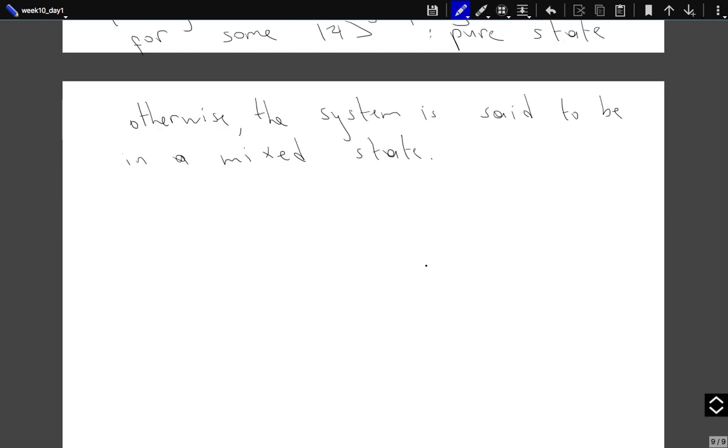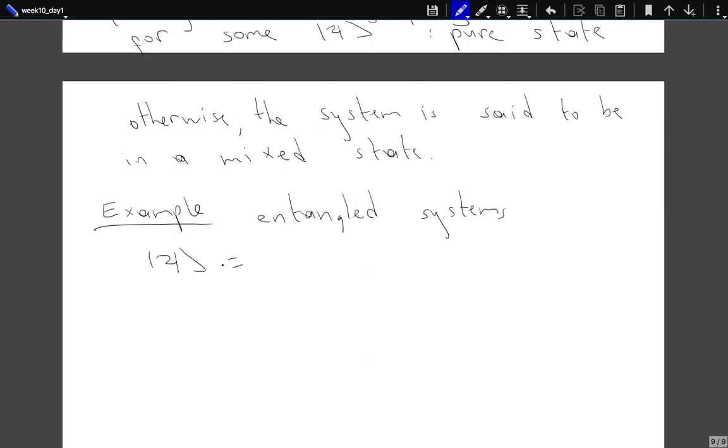Now, this is also possible, for example, if you have entangled systems. So let's say, let's just take the simple case that I have 2 spins, and the total spin is 0.